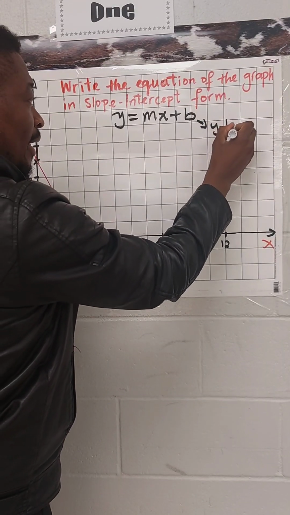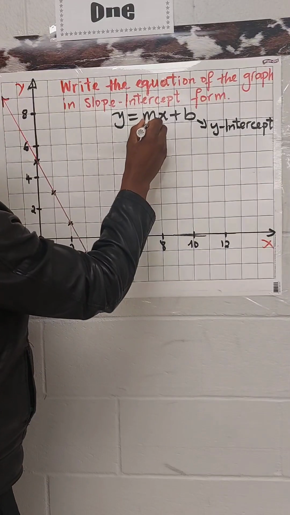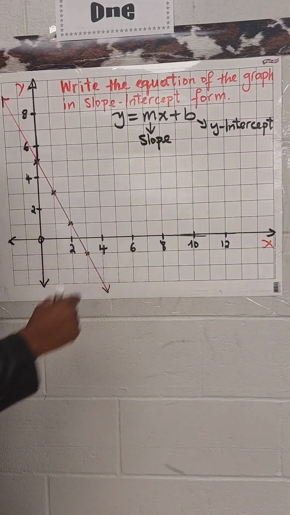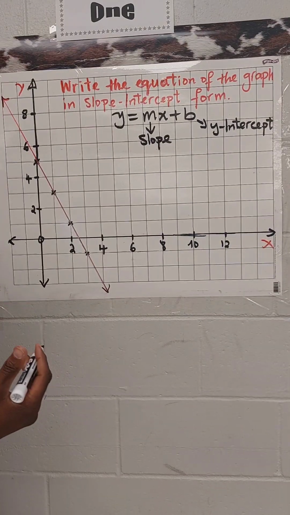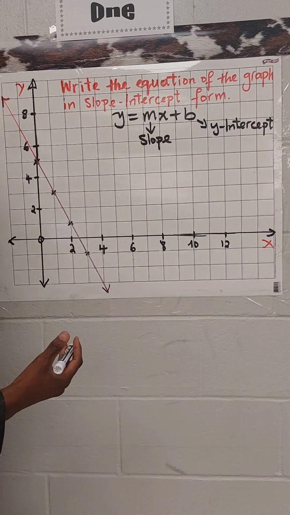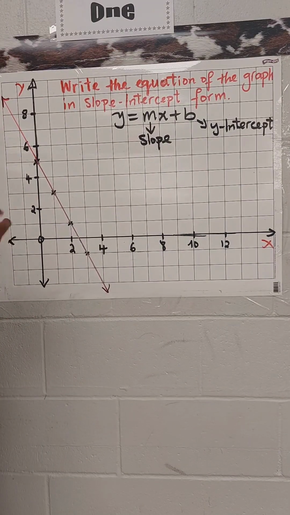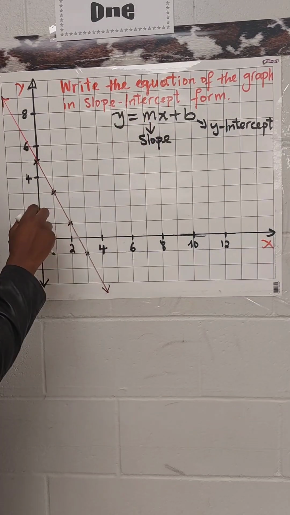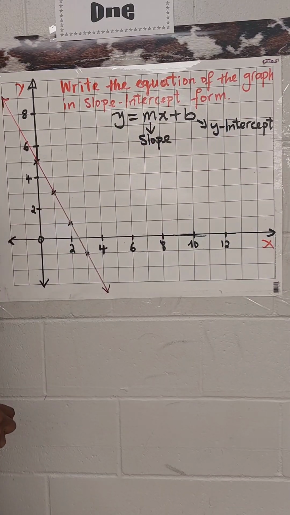So b is the y-intercept and m is the slope. That means in this video where we have slope, we can say m equals. So if you see m equals a number, that means the slope equals that number. So we need two things from this graph in order to write the equation in this form. We need the slope and we need the y-intercept.